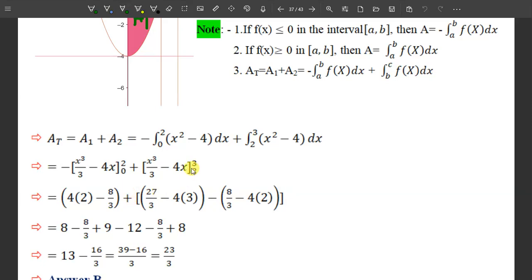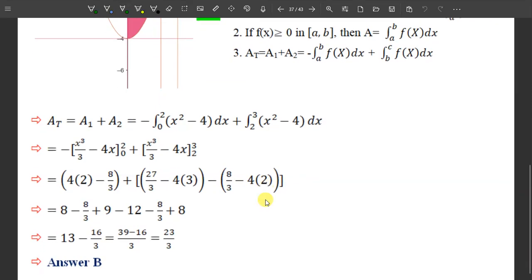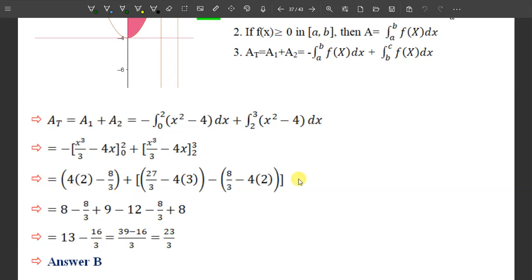Plus, here we substitute 3 in place of x first, which gives 27 over 3 minus 4 times 3, and then minus the value at 2, which is 8 over 3 minus 4 times 2. By performing this operation, we finally get 23 over 3. The result is going to be 23 over 3.